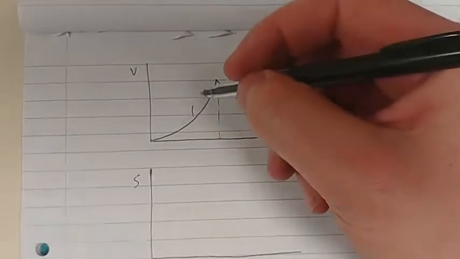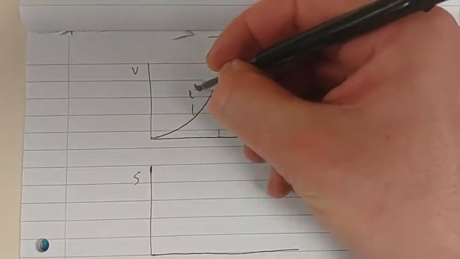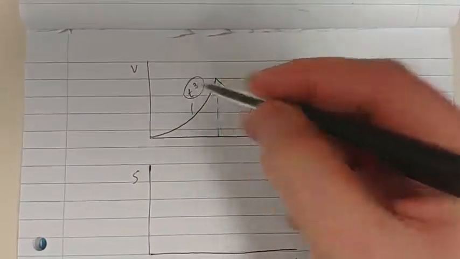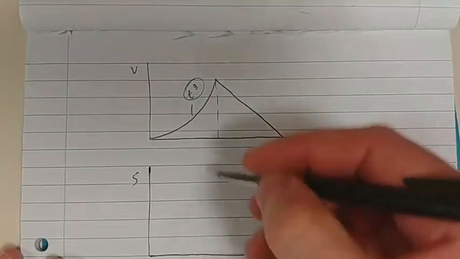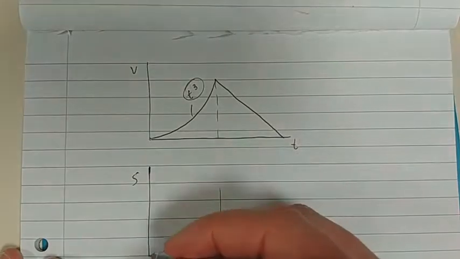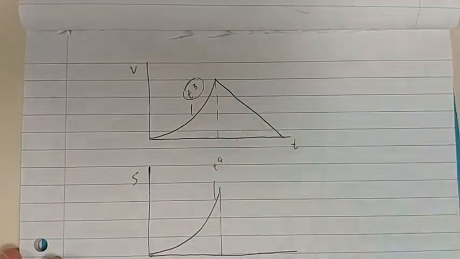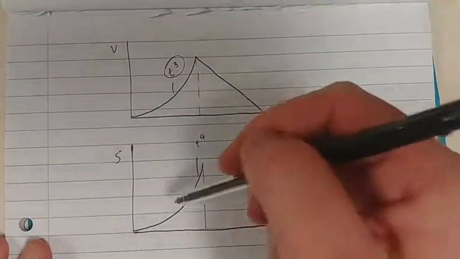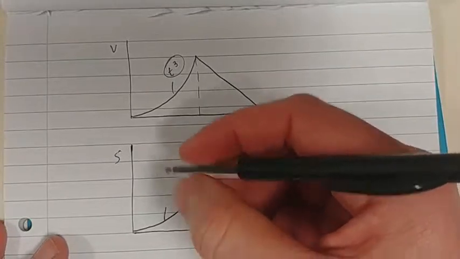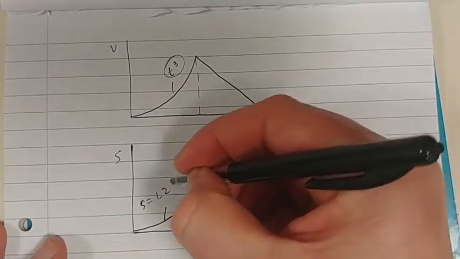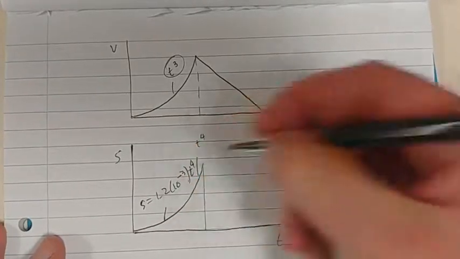So by the way, this here had a curved shape, t to the power of 3. If you integrate this, over this time again, there has to be something to the power of t to the 4, right? Because we're integrating. So the function here is s equals 1.2 × 10 to the minus 3 t to the 4.